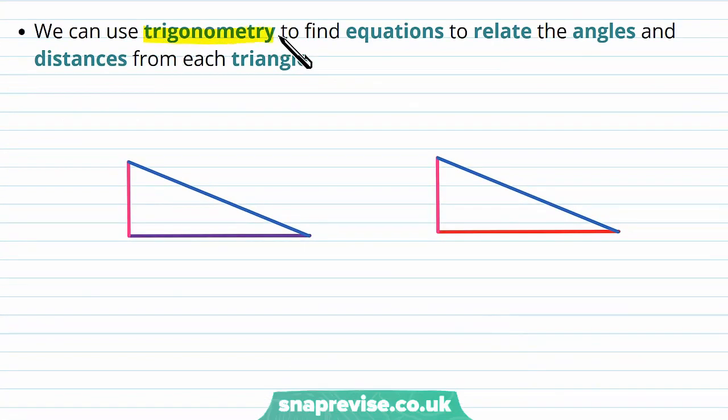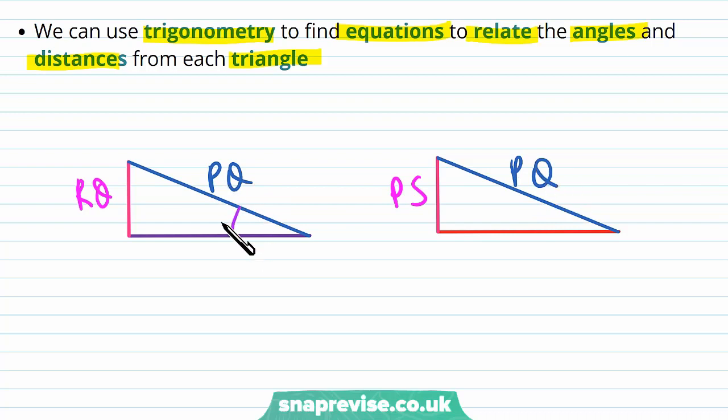We can use trigonometry to find equations to relate the angles and distances from each triangle. So we've got RQ, PS, PQ and PQ, and then we've got theta 1 and theta 2, and these are also right angles.